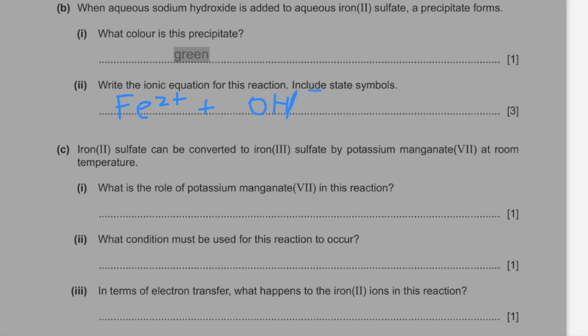So we need two hydroxide ions to cancel out a single iron charge, since 2 plus can be cancelled out by 2 minus, and both of them are in aqueous form, which is crucial because it is given in the question. And so this results in the precipitate iron hydroxide in solid form.